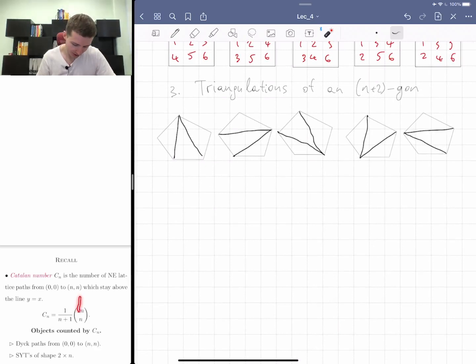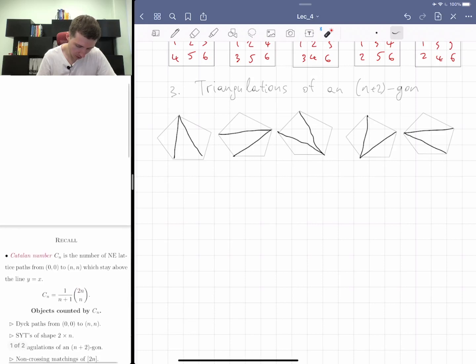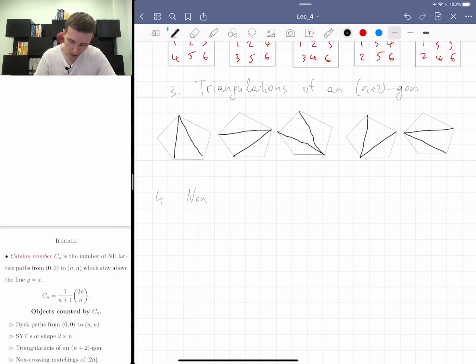The next one is non-crossing matchings of the set 1 through 2n.